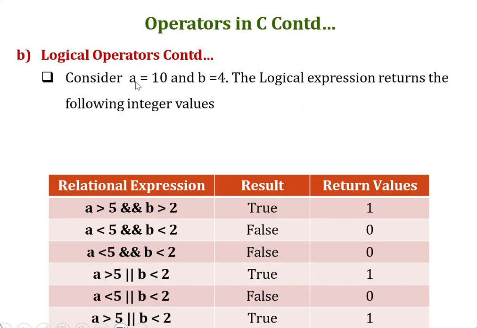So we'll see an example for this. Again consider the value of A as 10 and B as 4. These are the two expressions which are combined using logical and. Is A greater than 5? Yes, it is true, so it is going to be 1. And B is greater than 2? Yes, it is greater than 2, so it is going to have a true value which is 1. So 1 and 1 is going to give you 1.